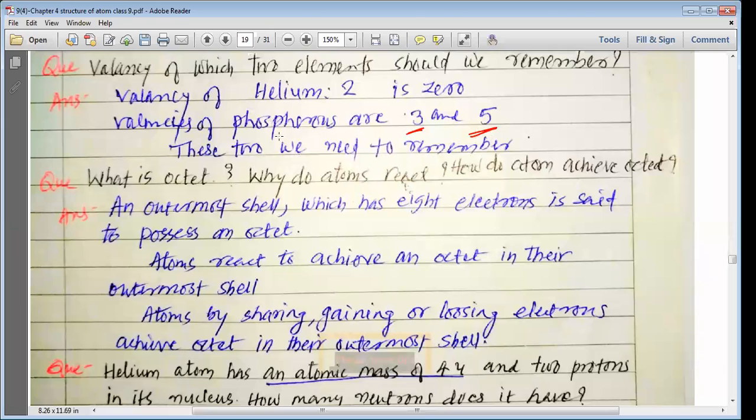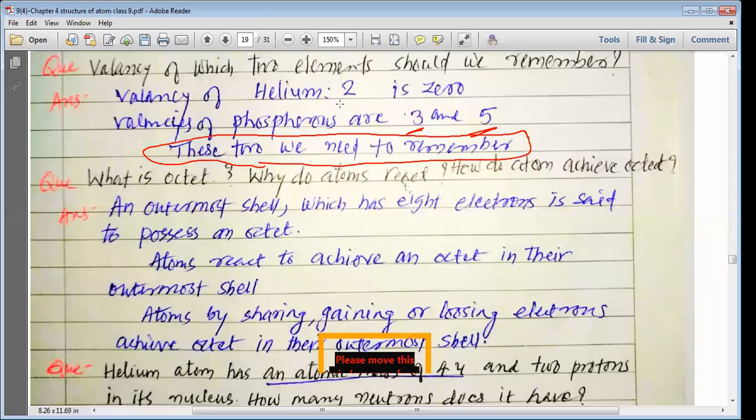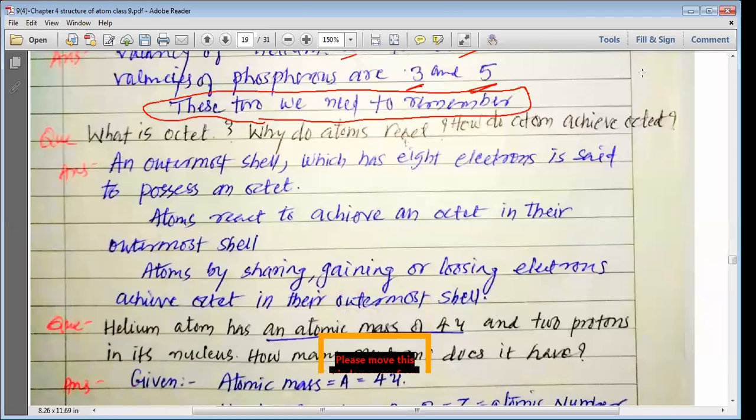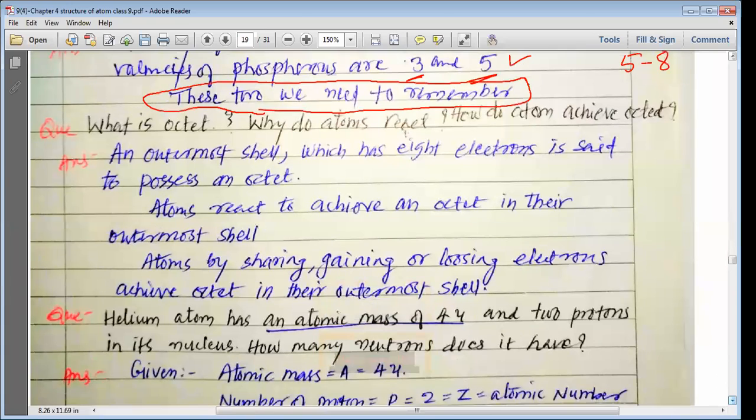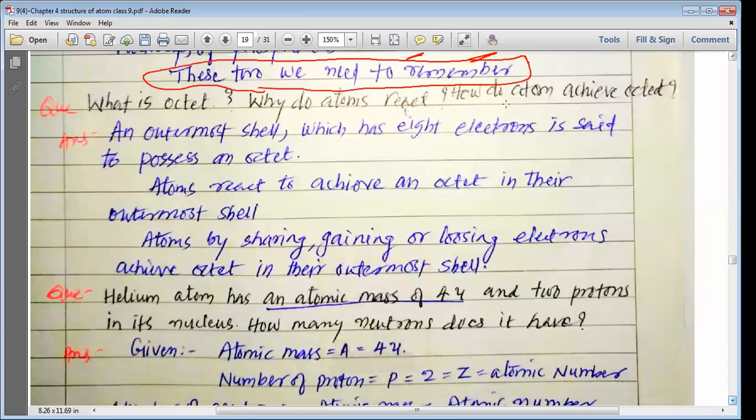Though the number of valence electrons present in helium is 2, its valency is 0. And phosphorus shows two types of valency: one is valency 3 and another is valency 5. This valency 3 you get by 5 minus 8, and this valency 5 is equal to the number of valence electrons present in phosphorus. So phosphorus shows two types of valency that can be obtained using both formulas to calculate the valency.